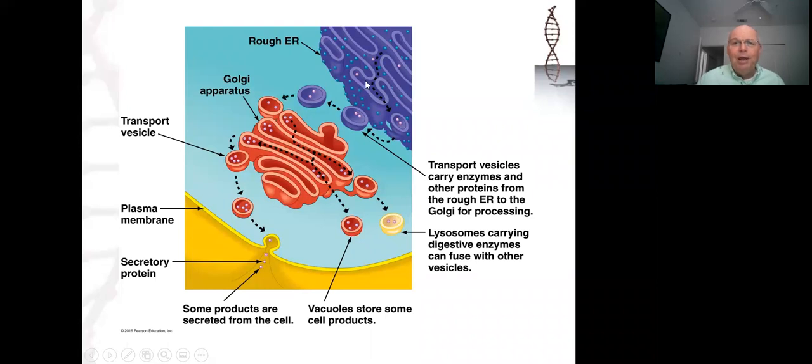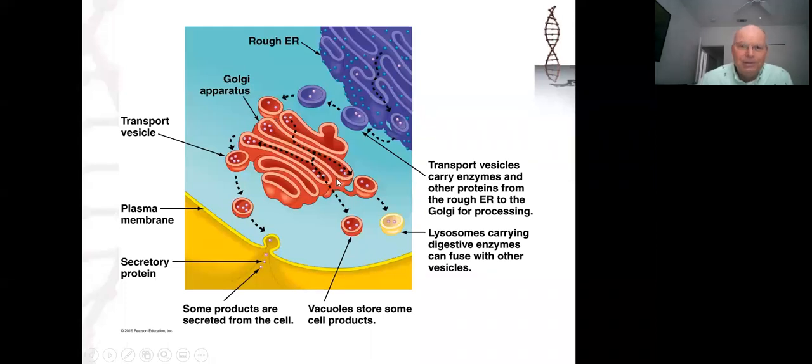The polypeptide enters the endoplasmic reticulum. It gets packaged into something called a transport vesicle that buds off the surface of the rough endoplasmic reticulum and carries the polypeptides to the cell's warehouse, the Golgi apparatus. There, the transport vesicle merges with the membranes of the Golgi apparatus, and the proteins enter the Golgi apparatus.